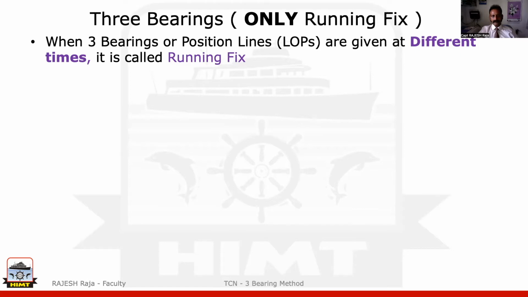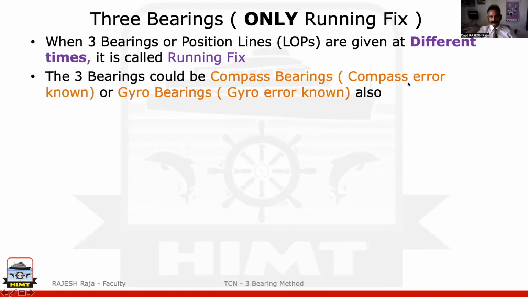And if you remember, when we did the horizontal sextant angle, we mentioned very similar things. Three bearings or position lines could be given at the same time. So that was more of a simultaneous fix. Now we are going to look at running fix. So the three-bearing method particularly talks about running fix.